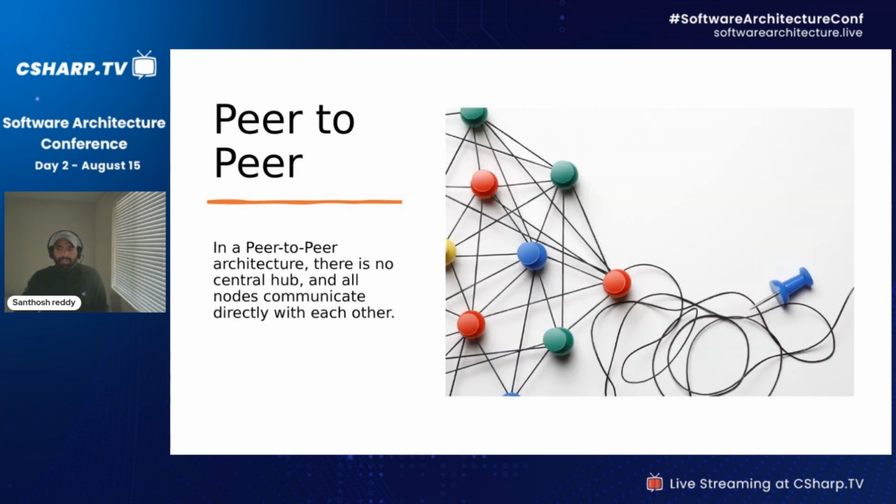And the other one is peer-to-peer. In peer-to-peer, there's no central hub. All nodes are intertwined, and they communicate with each other directly. The challenge is how to manage and handle this, since every node can freely talk to each other.